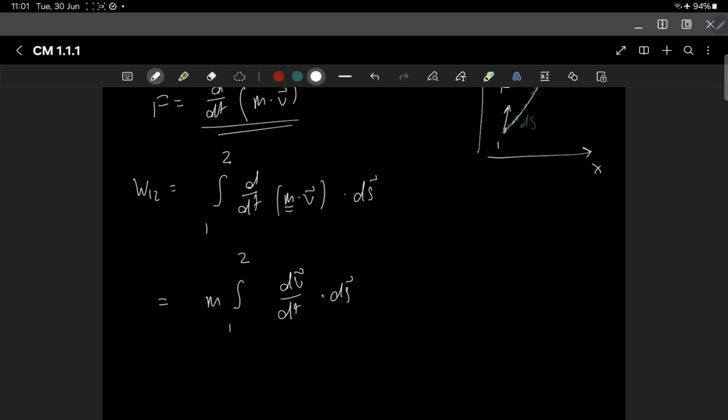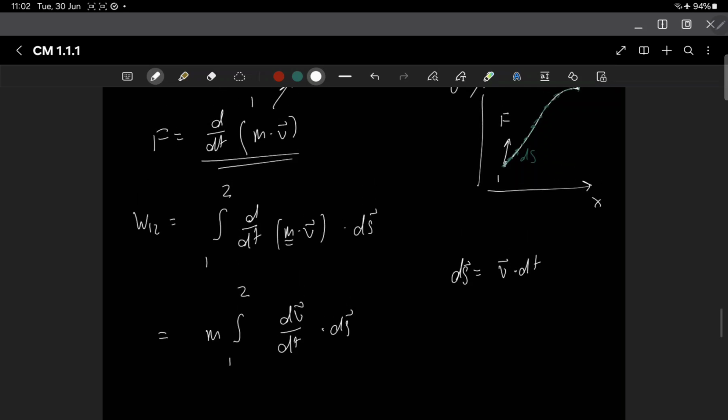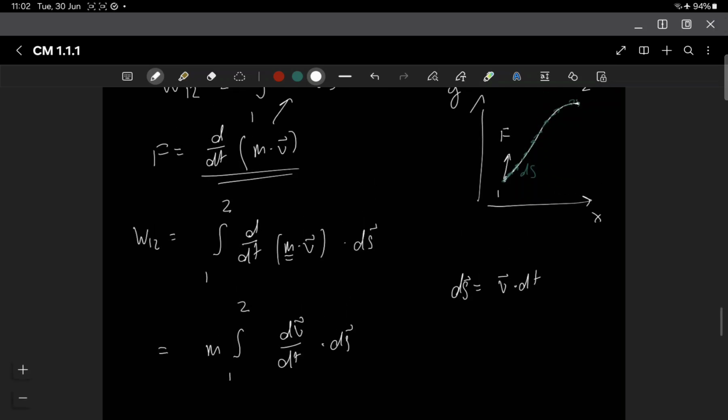Now the interesting thing is ds is actually just v dt, because ds is the displacement of the particle, which is the instantaneous velocity times an infinitesimal time period, dt.